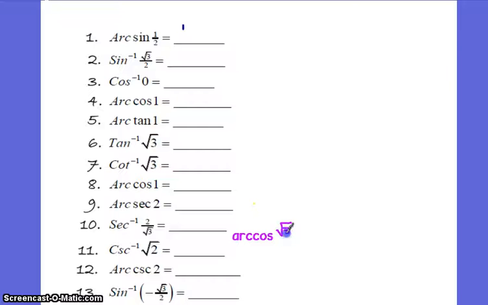So there we go. Square root of 3 over 2. Number 11 is like looking for the arc sine of 1 over square root of 2, which, remember, we have to rationalize, and that's square root of 2 over 2.